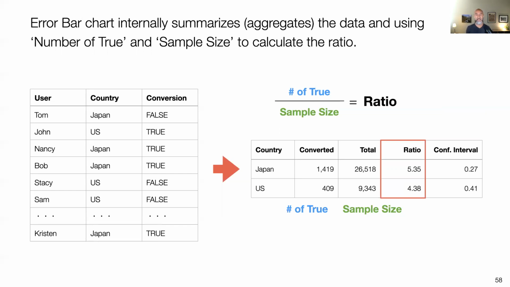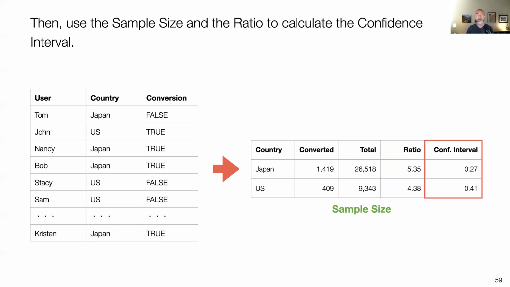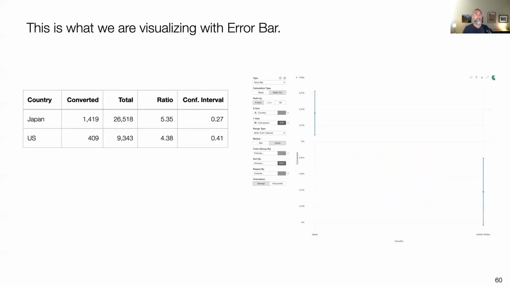This sample size is the data size. And once you get this ratio, and we still have this sample size, with these two we can calculate the confidence interval. And that's what we were seeing. So those calculations were done automatically behind the scenes.